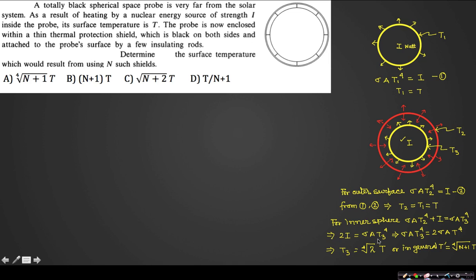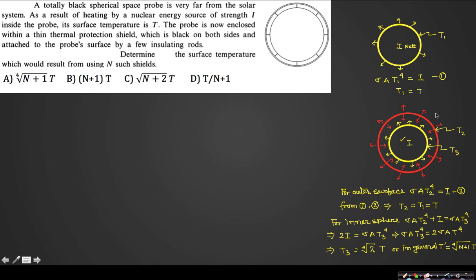So 2 sigma A T2^4 is equal to sigma A into T3^4. Since T2 is equal to T, it is 2 sigma A T^4. Sigma A gets cancelled out, so T3 is equal to the fourth root of 2 into T. This result I have got after using one enclosure.